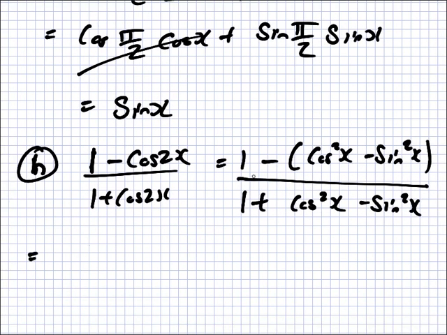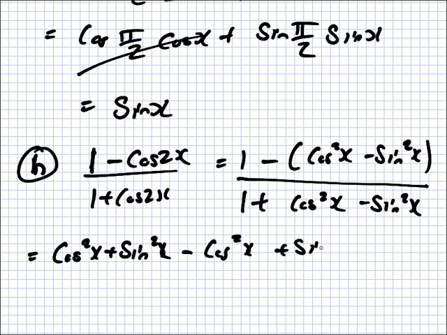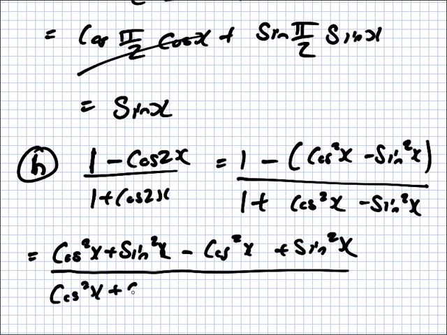So on the top, I'll change the 1 into cos squared x plus sine squared x, minus cos squared x minus sine squared x. And on the bottom, I'll do the same: cos squared x plus sine squared x, plus cos squared x minus sine squared x.